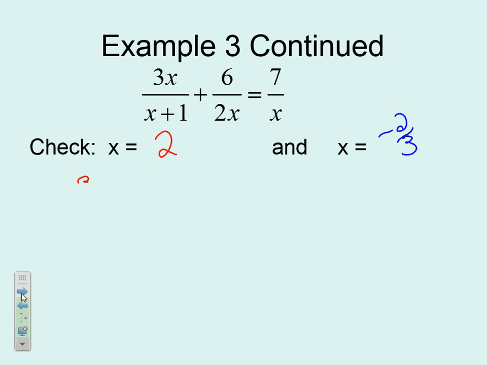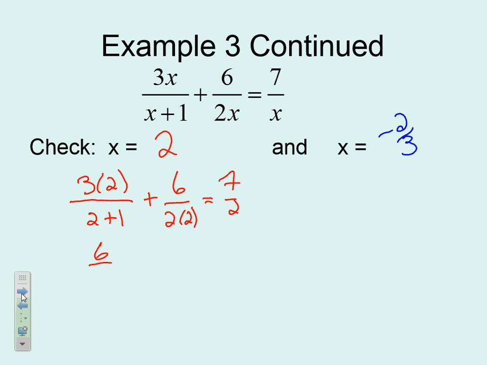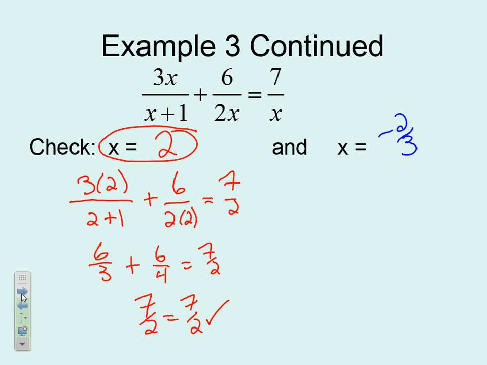So I'm going to have 3 times 2 all over 2 plus 1 plus 6 all over 2 times 2 equals 7 all over 2. So here I'm going to get 6 over 3 plus 6 over 4 equals 7 halves. I'm just going to type this part in my calculator, 6 thirds plus 6 fourths. I type that in, I get 7 halves equals 7 halves. So 2 is a solution.